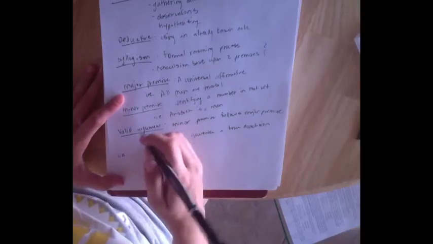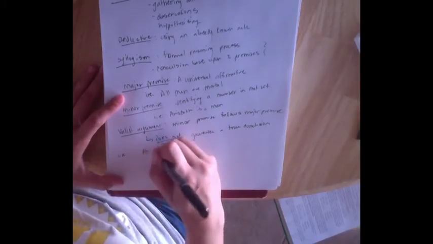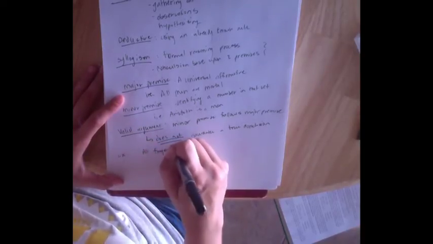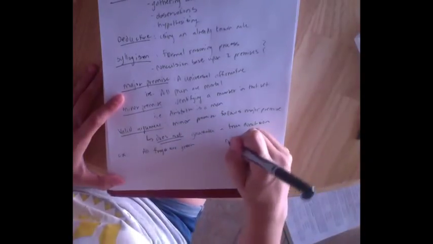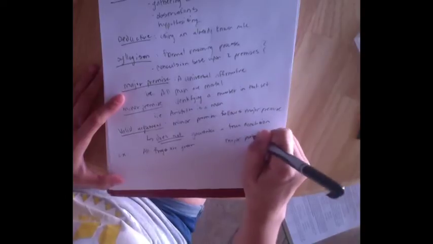I want to know if I will have a valid argument or not and a valid conclusion or not. So, for example, all frogs are green. This is my major premise.